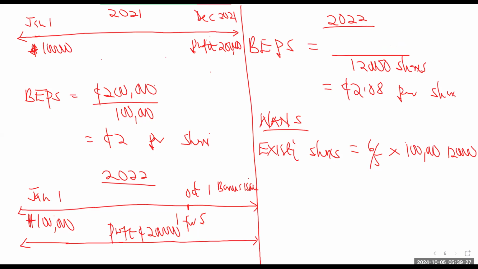What will be the earnings per share? It's 1.66. Okay, 1.67. 1.67 per share.